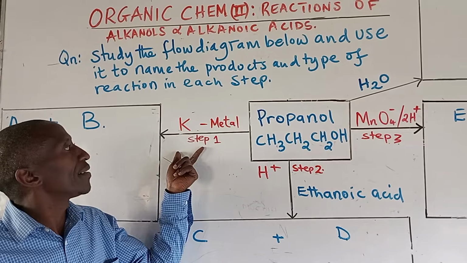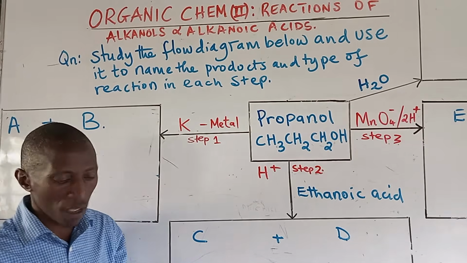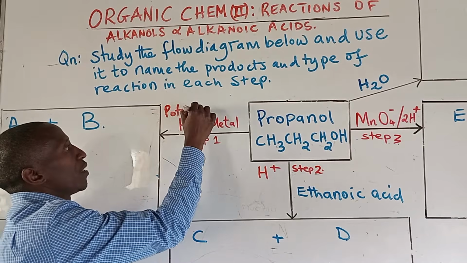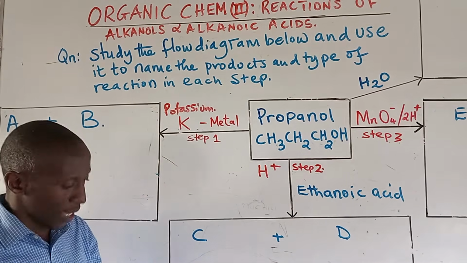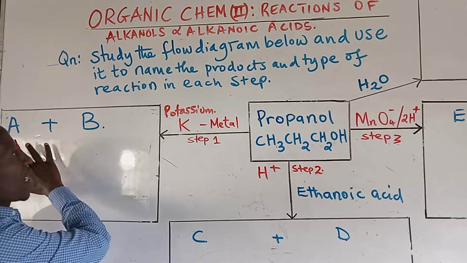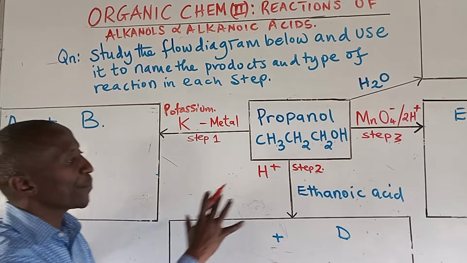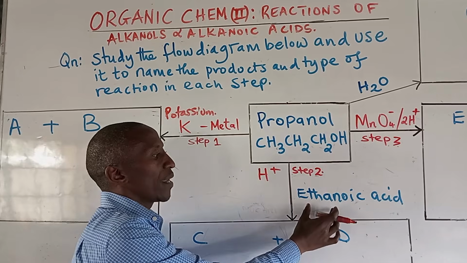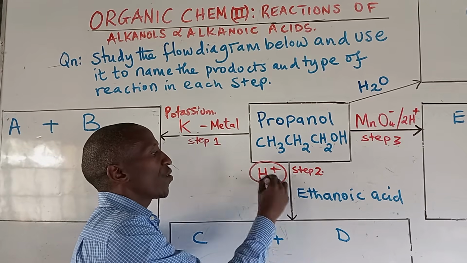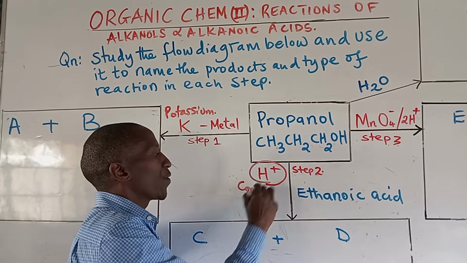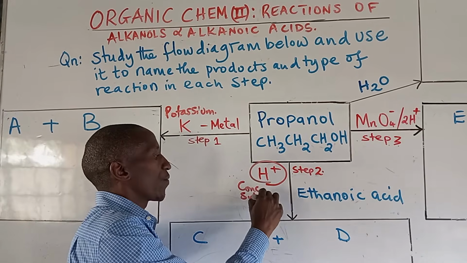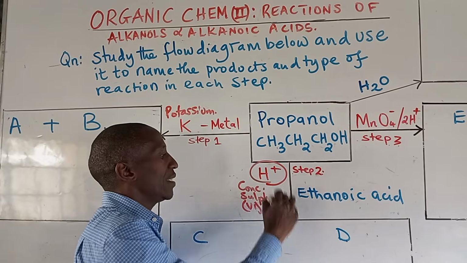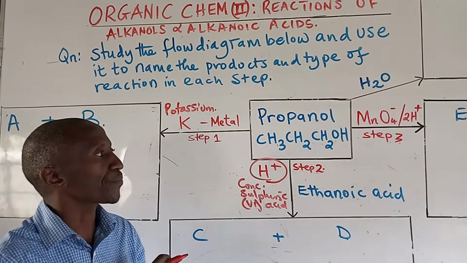In step 1, it's reacting with potassium metal. This is potassium metal. We should be able to name product A and B. In step 2, we have the reaction of propanol and ethanoic acid in presence of conc. sulfuric acid, and some warming.